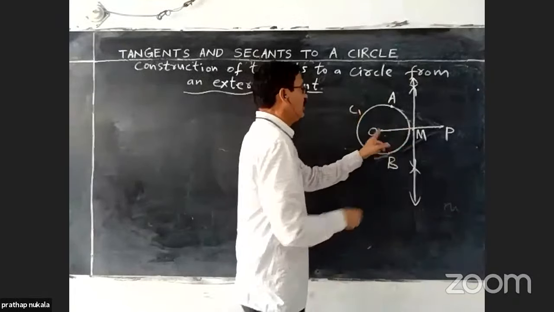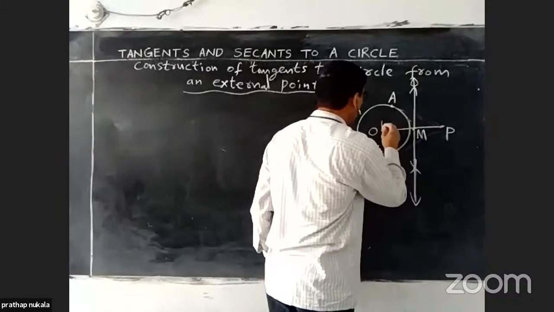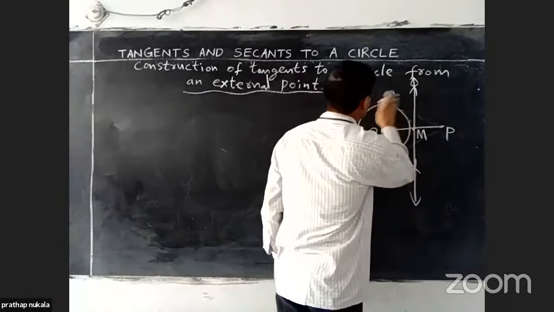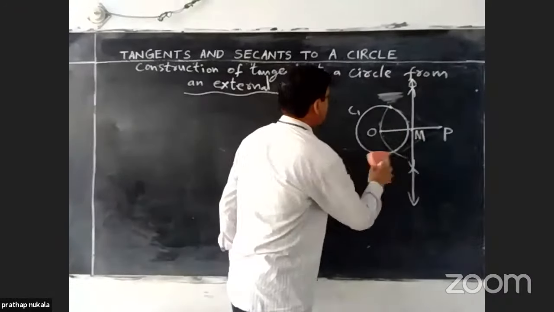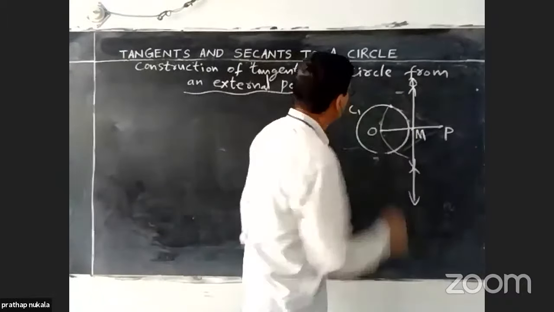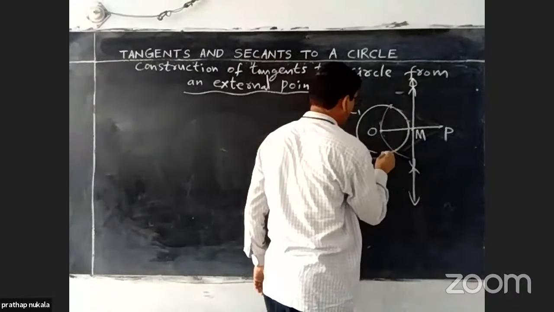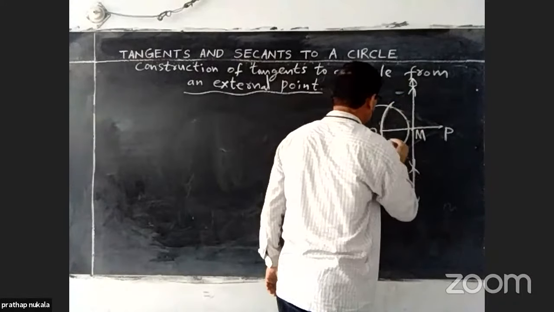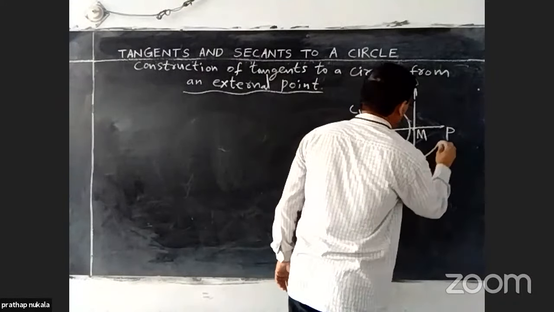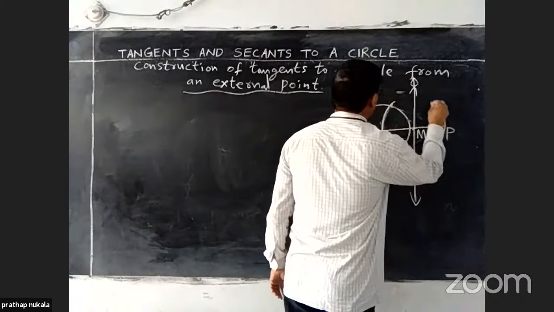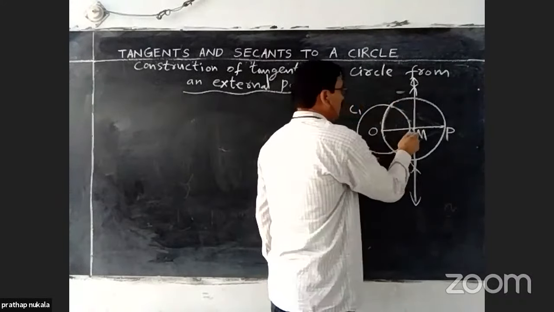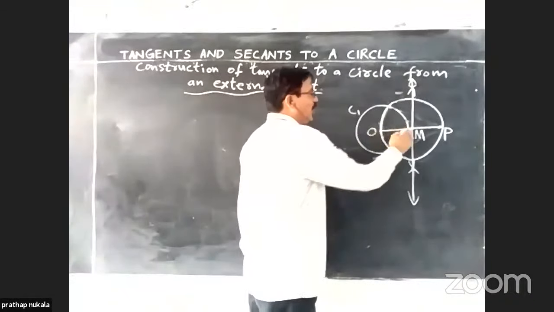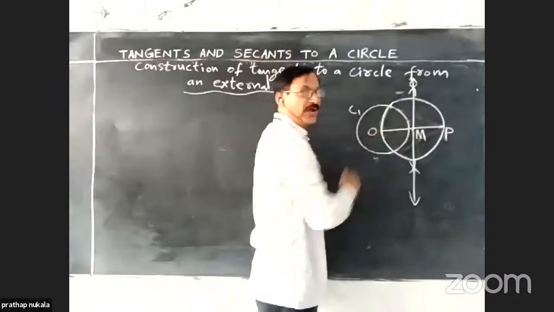Now draw another circle with center M, taking radius as MO or MP, both are the same since M is the midpoint.